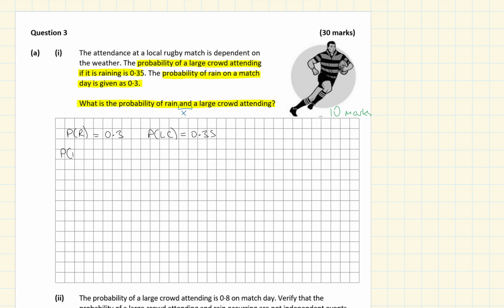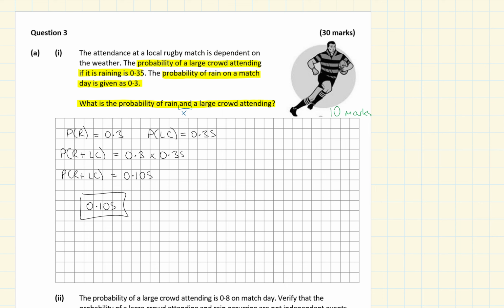So the probability of rain and a large crowd. Again, the word and tells me to multiply 0.3 by 0.35 into your calculator, and you get back 0.105. And that's our answer there for part 1. Pretty straightforward for 10 marks.